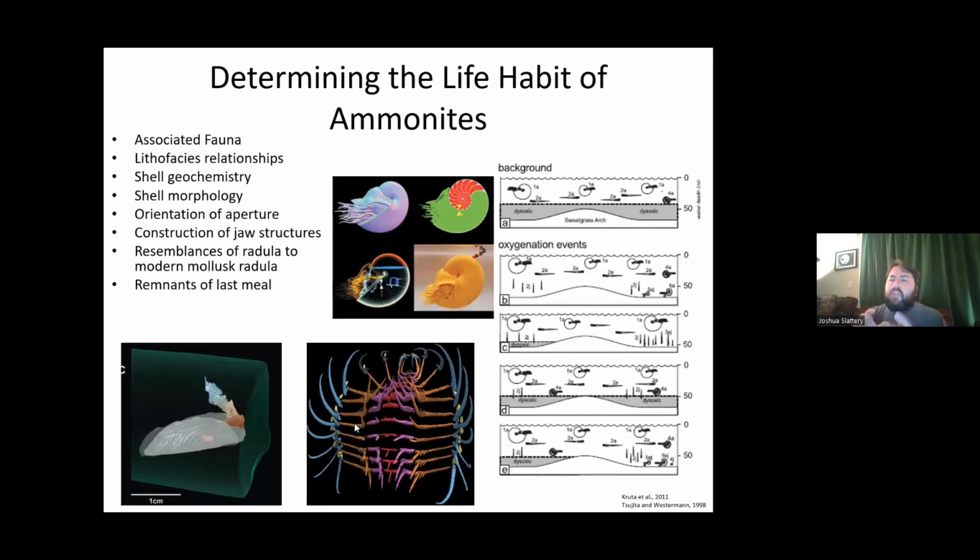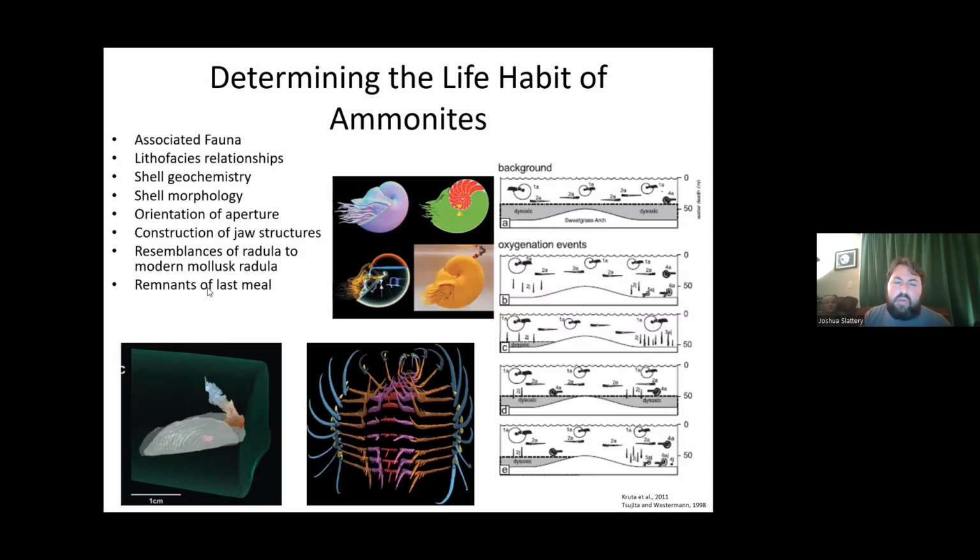We can look at the radula and compare that to modern coleoids and nautiloids and see how similar it is to those groups, to see if they were consuming different types of prey. Based on the few studies that have been done up to this date, they compare very favorably to certain cephalopods living today. So their jaw structure at least tells us they converged on similar feeding ecologies.